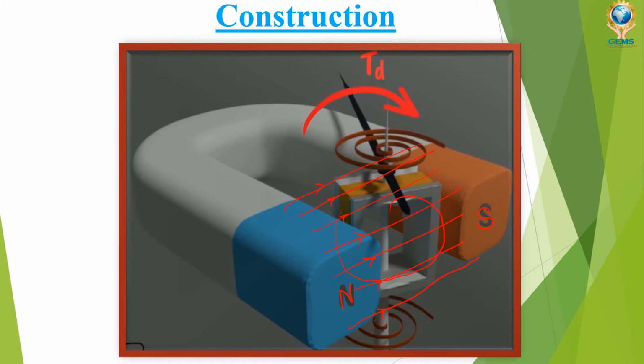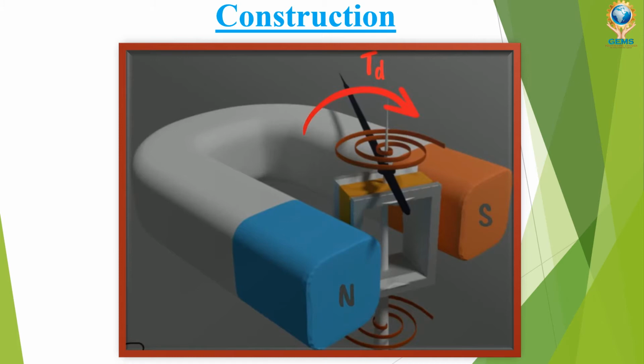In this core, we are going to keep the winding. Yes, this is a winding. It is wound like this from down. We are going to keep this coil inside this magnetic field. When some current passes through this coil, it is going to rotate.